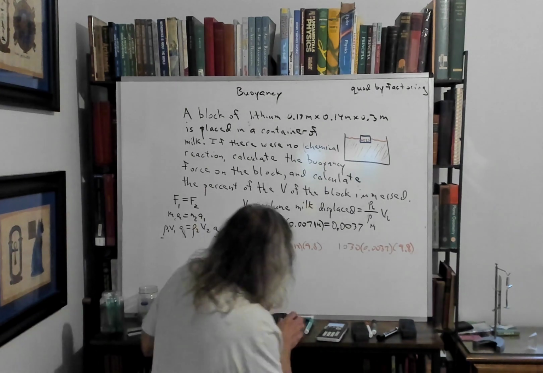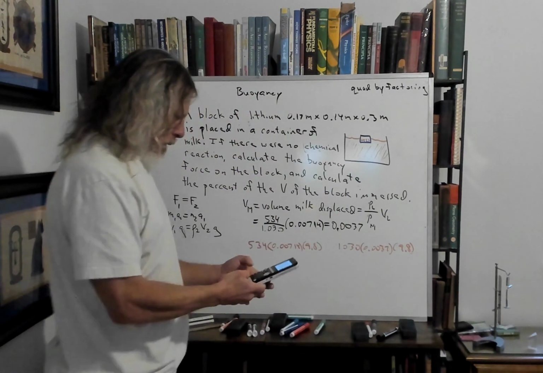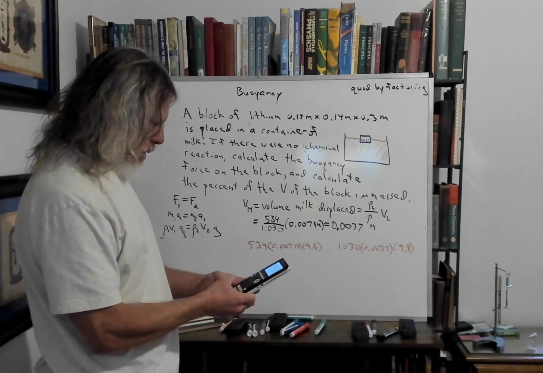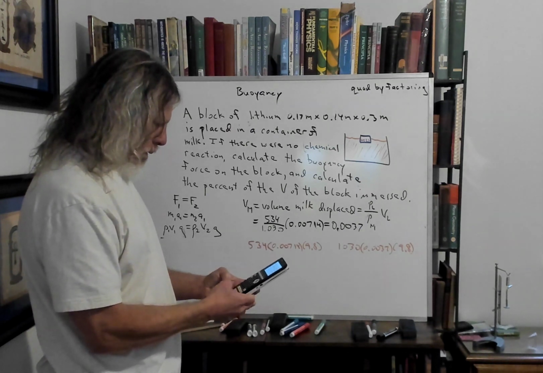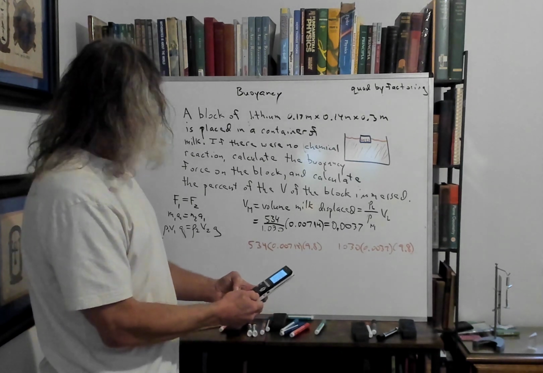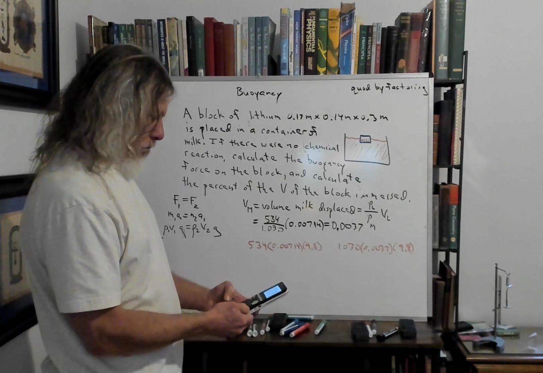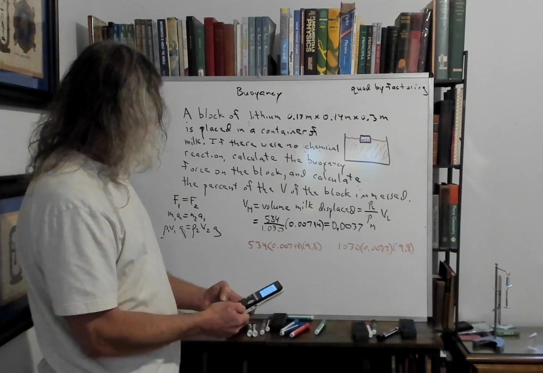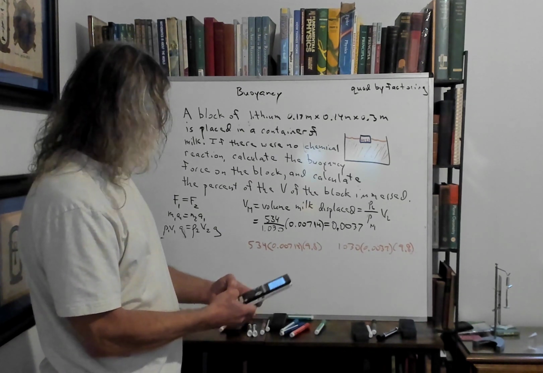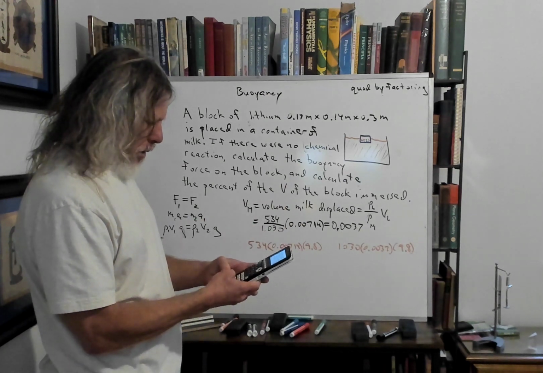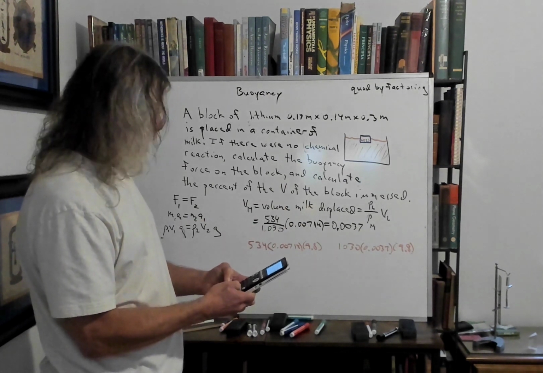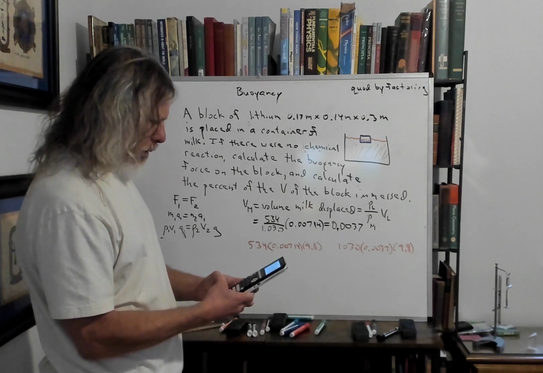And so we got 534 times 0.00714 times 9.8, 37 point, we'll make it 37.4 newtons. And then over here, 1030 times 0.0037 times 9.8, enter.